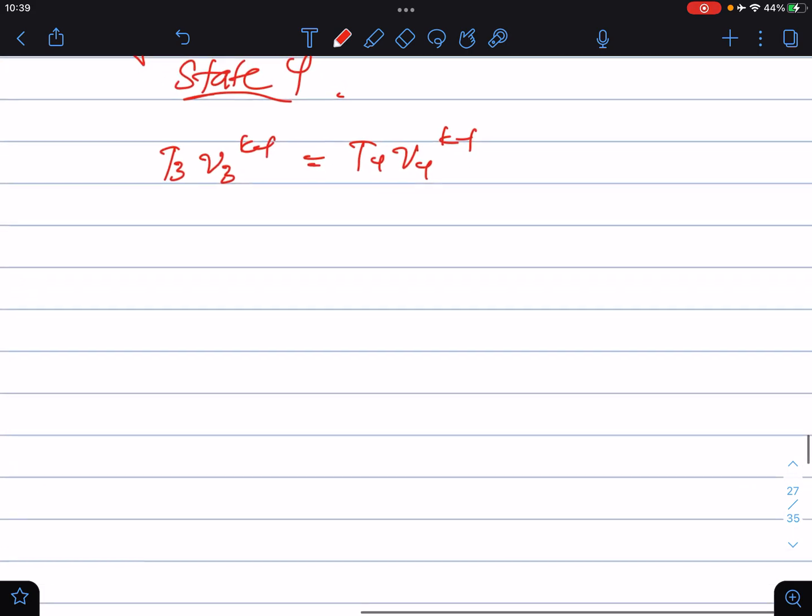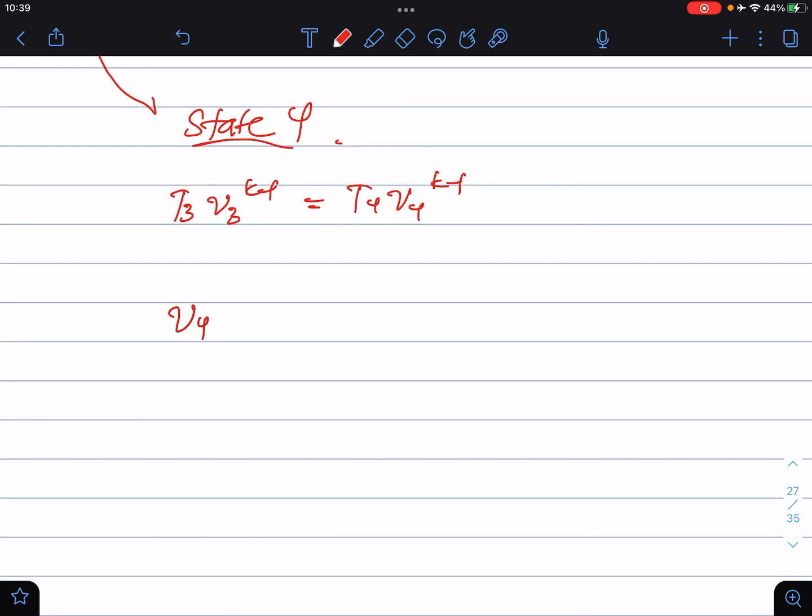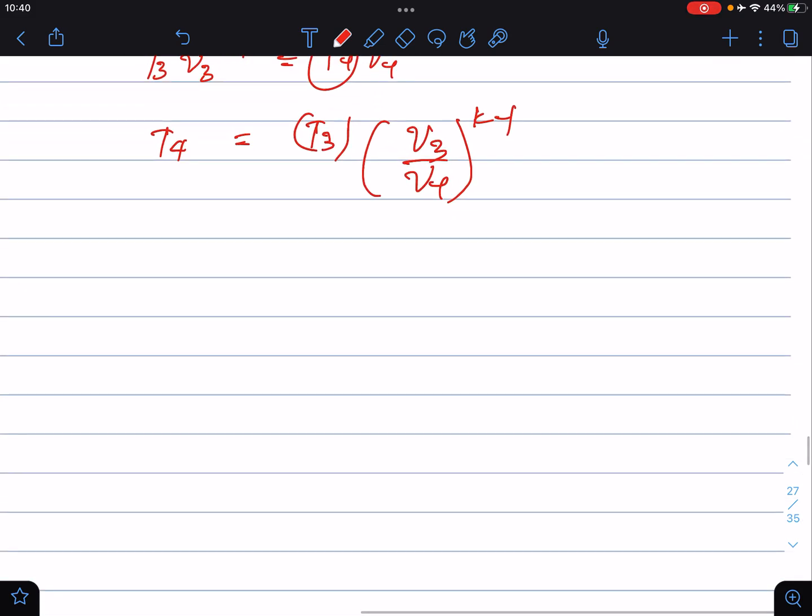Maybe you have heard about this. First I rearrange the equation because our target is to find T4: T4 equals T3 times V3 over V4 power of K minus 1. We do not know V3 over V4, but we have T3, which we calculated before. So to find V3 over V4, we use the chain rule.